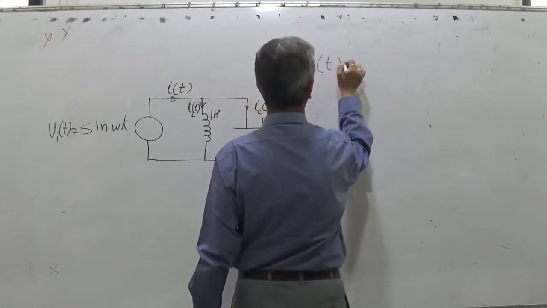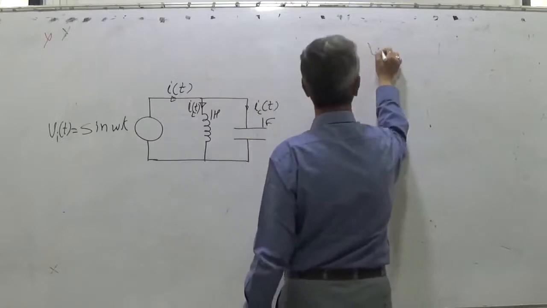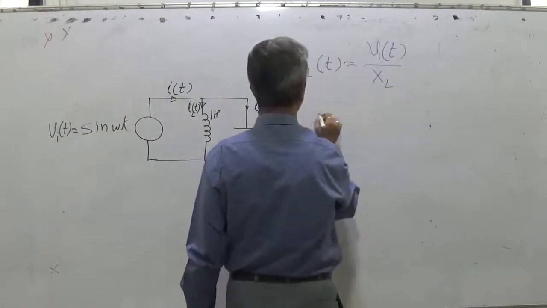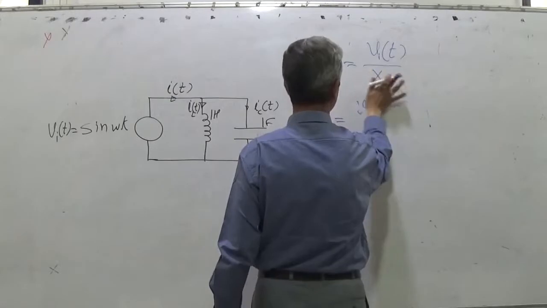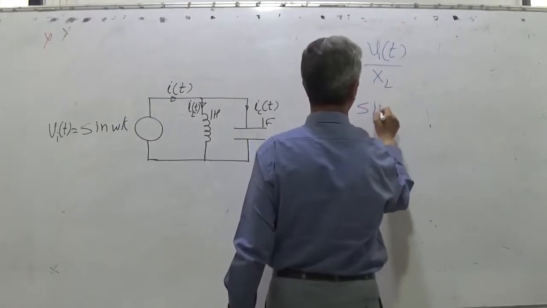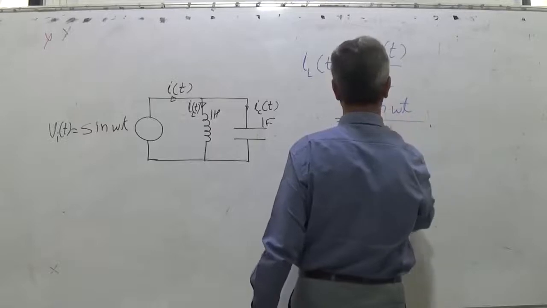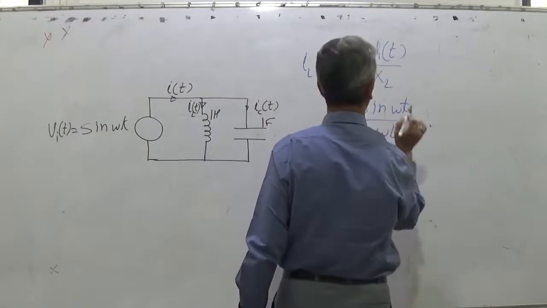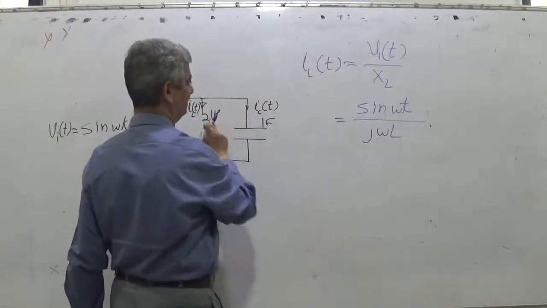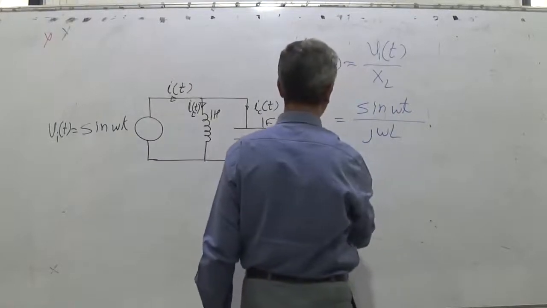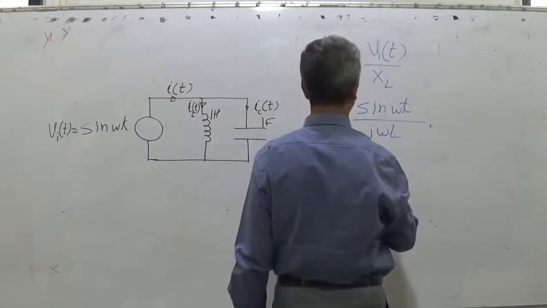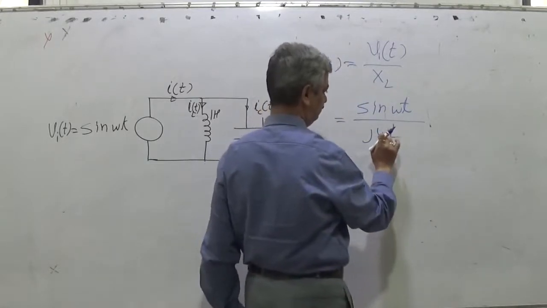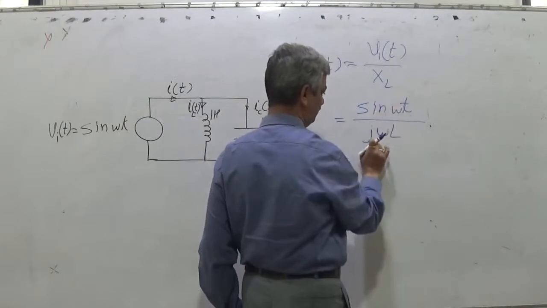ILT is equal to V in T upon XL, that is equal to sin omega T upon j omega L. L I have deliberately taken as 1 Henry. So ILT is equal to sin omega T upon j omega.